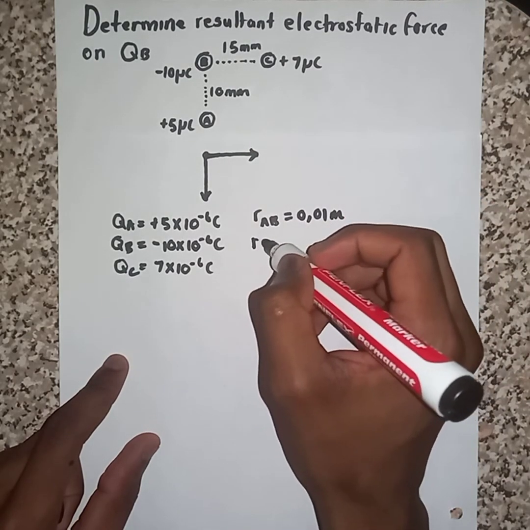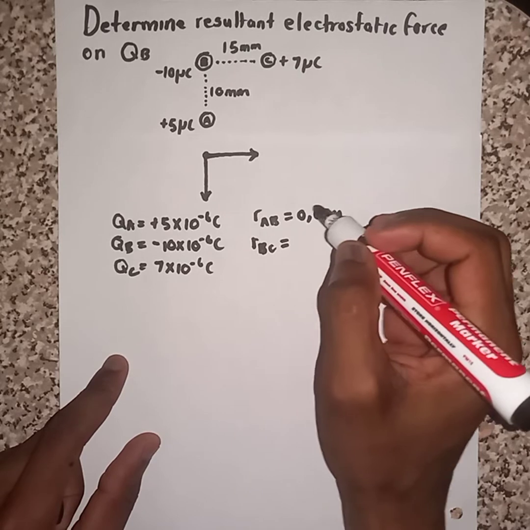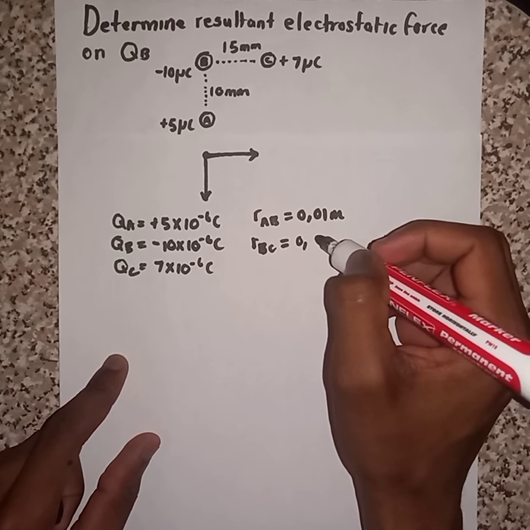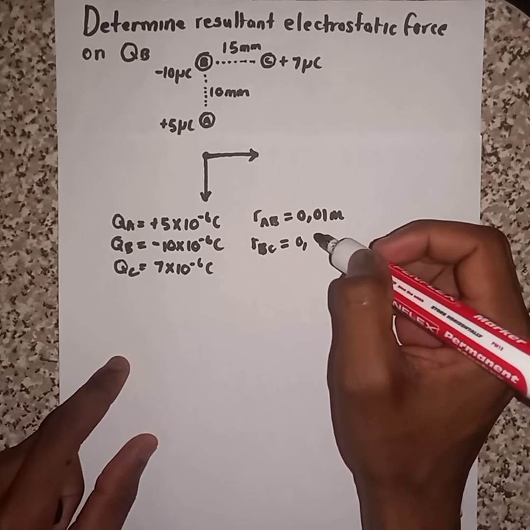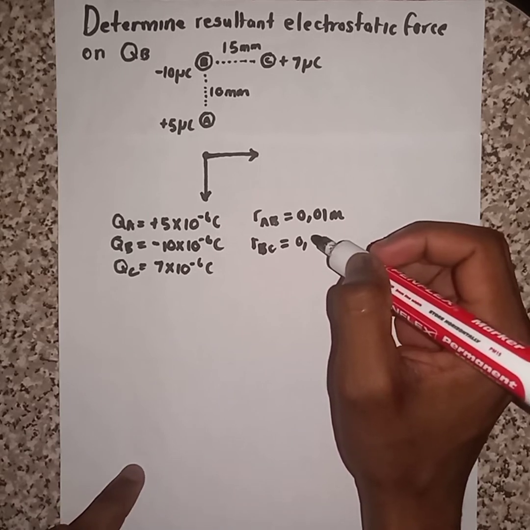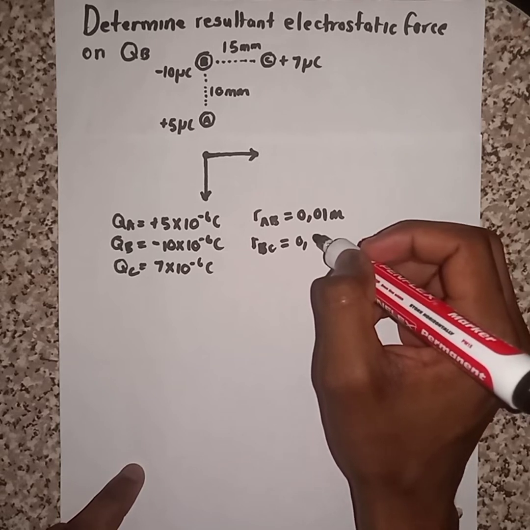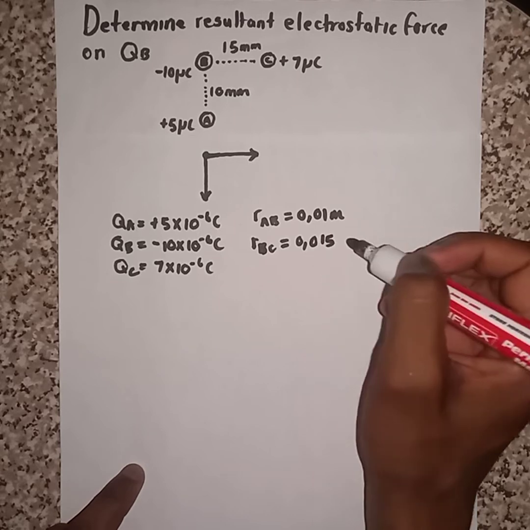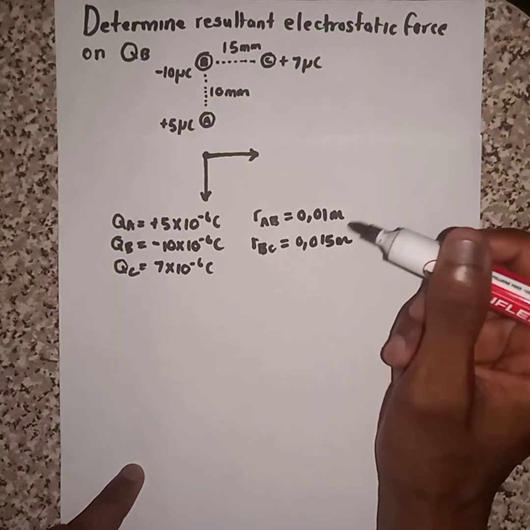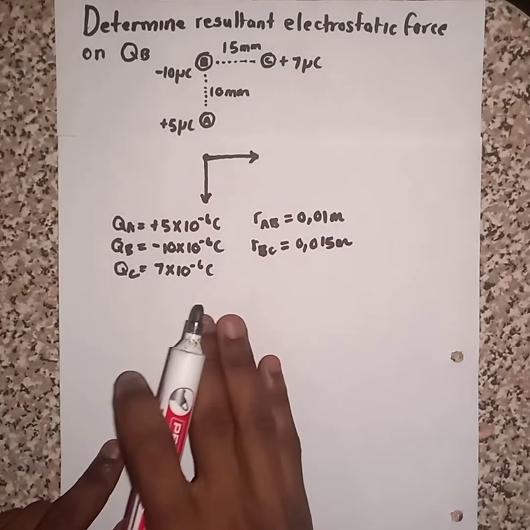Let us do the same for B and C. Divide 15 by 1000. Let me double check. We're going to get 0.015 meters. At this point, we have managed to convert everything.